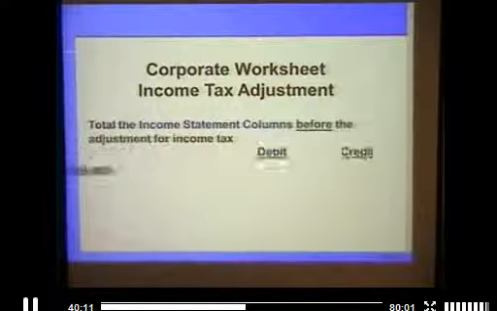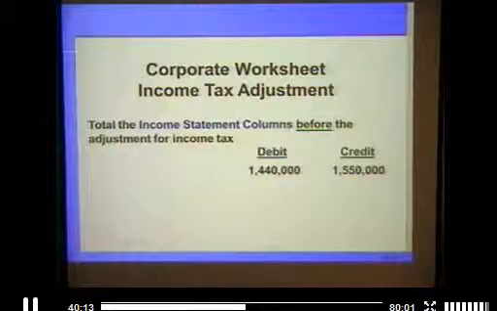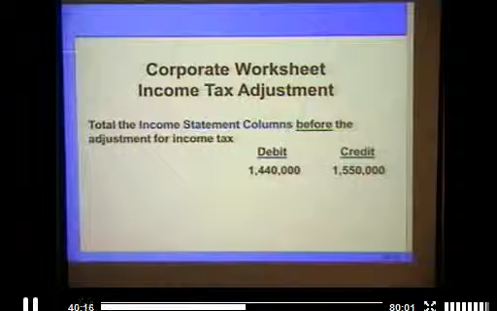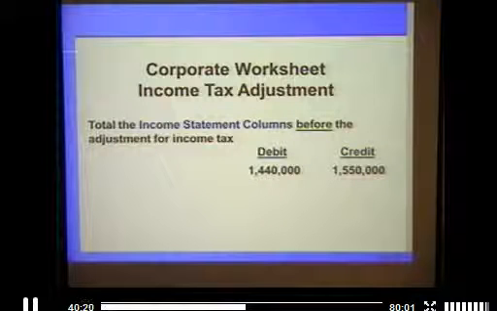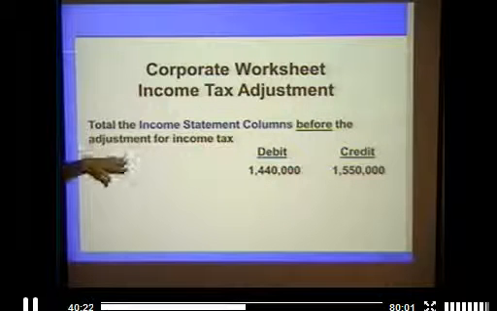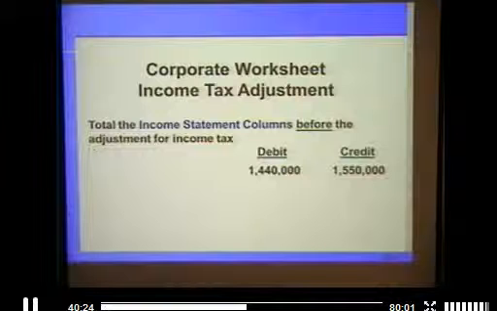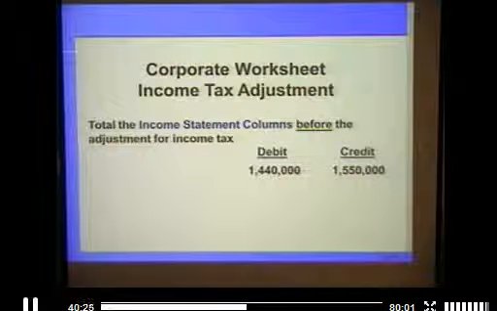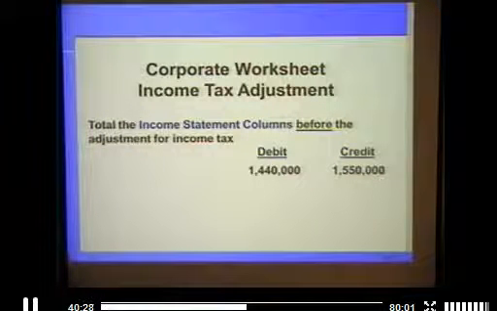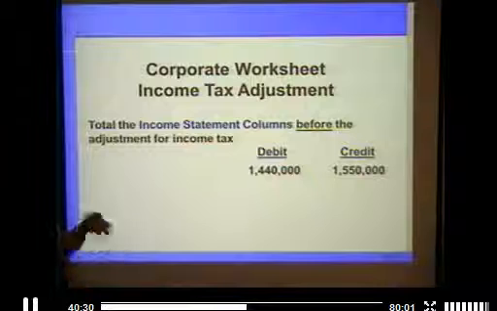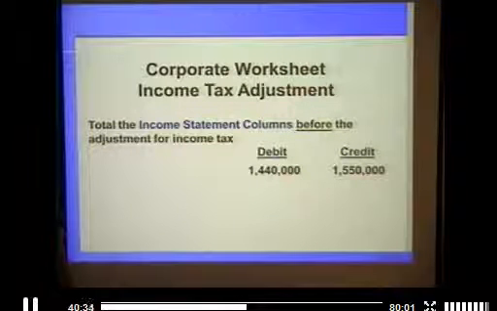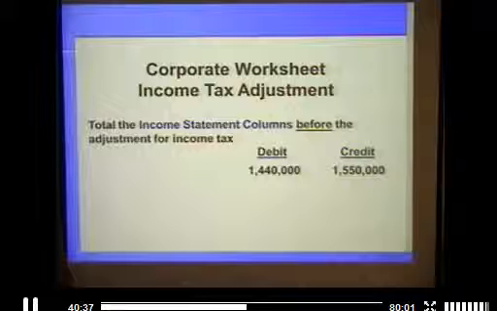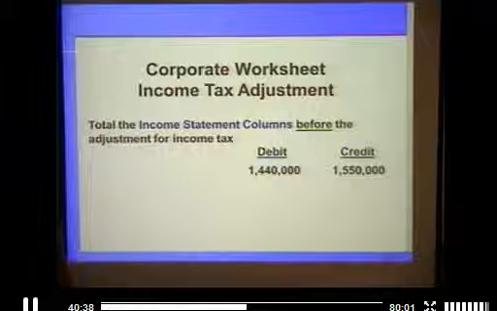All right, so let's look at it. Okay, so in the income statement columns, you total your income statement columns before you make your adjustment for your income tax. So you're going to figure up your income statement columns, debit column and credit column, and you're going to leave the income tax expense blank.